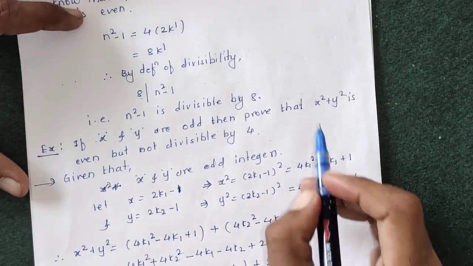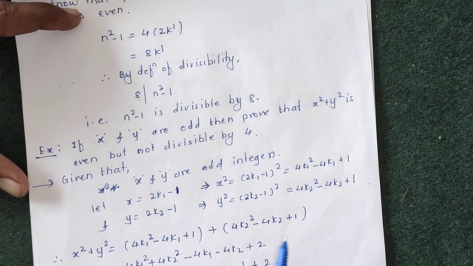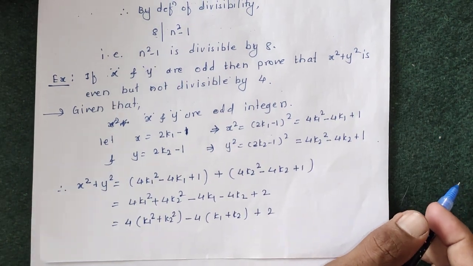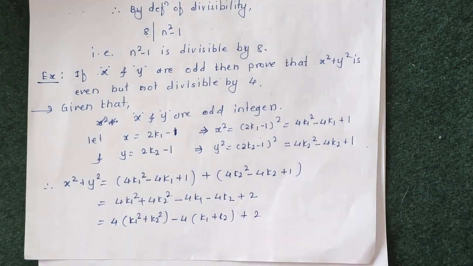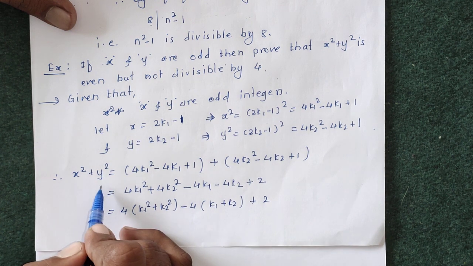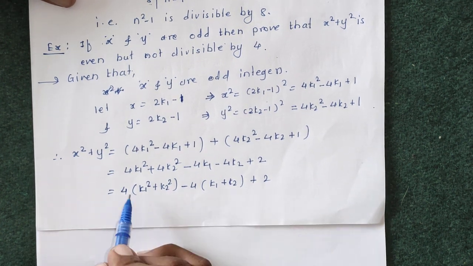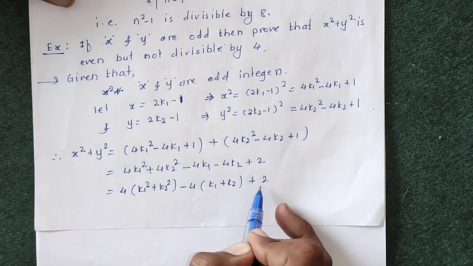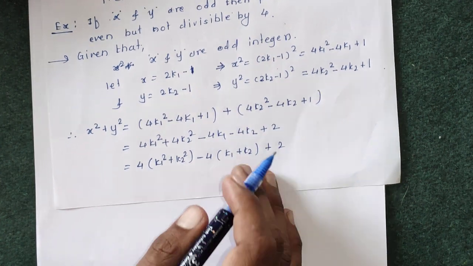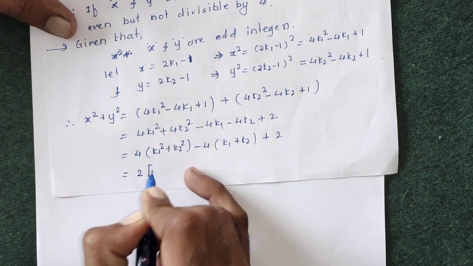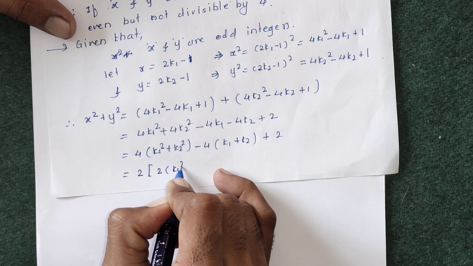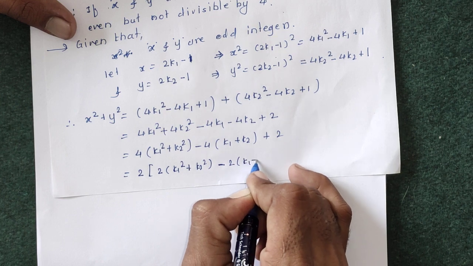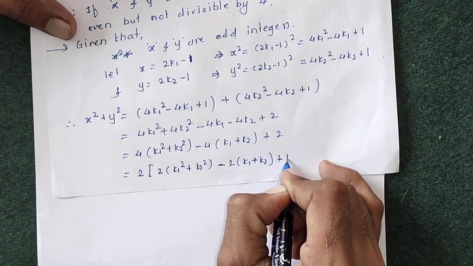We have to prove that x square plus y square is even, so it must be of the form 2 into some integer. Here we have 4 into something minus 4 into something plus 2. Taking 2 common from all the terms, we get 2 into (2 times (k1 square plus k2 square) minus 2 times (k1 plus k2) plus 1).